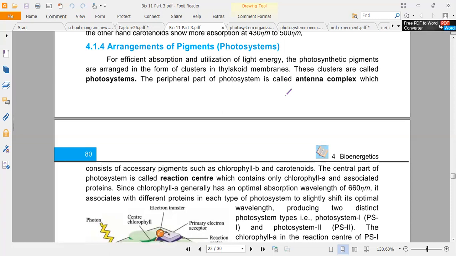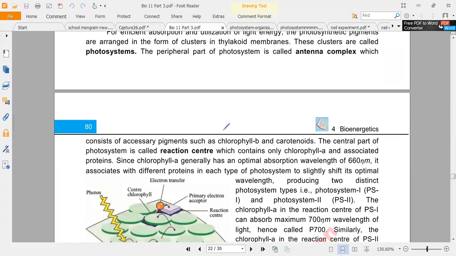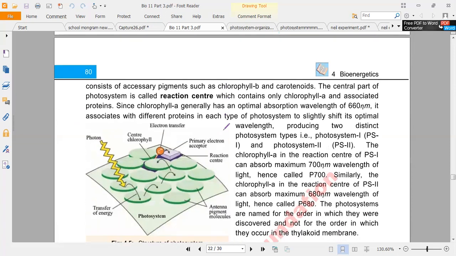So these photosynthetic pigments are arranged in the form of clusters in the thylakoid membranes, and these clusters are named photosystems. They are arranged in two photosystems, photosystem 1 and photosystem 2.